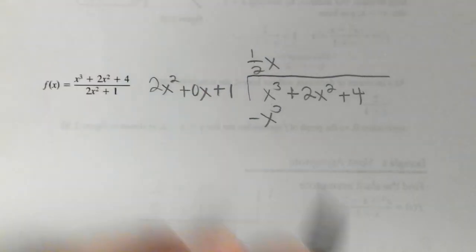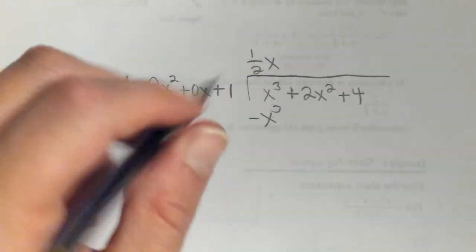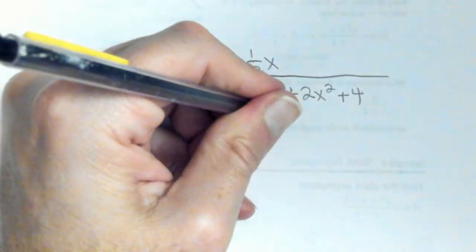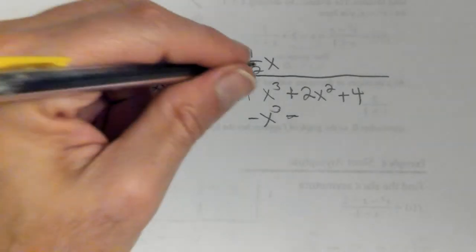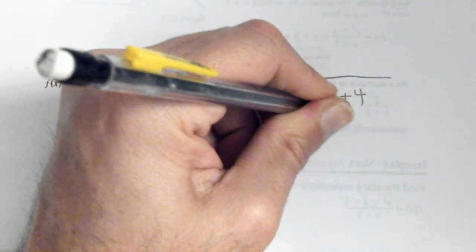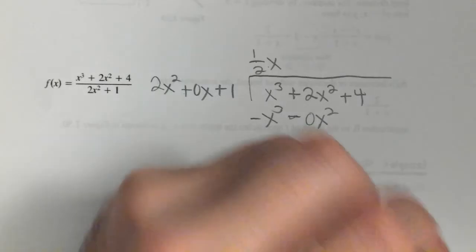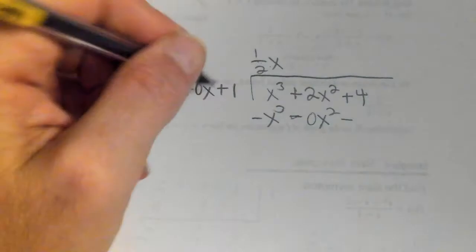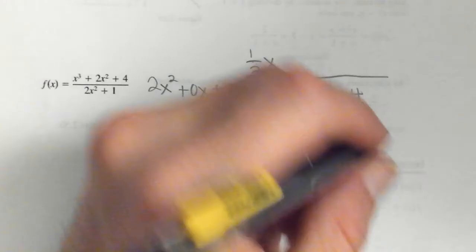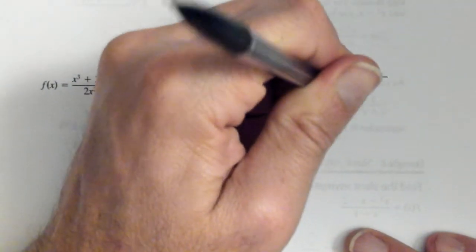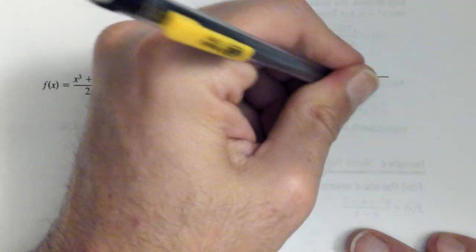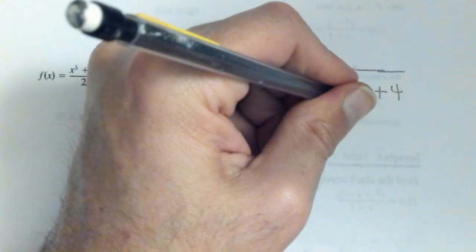Alright, so positive times a positive, well, 0 is not positive or negative, and so when it drops in, it's going to be minus 0x squared. And so from here, that's going to be positive, so that'll be a minus 1/2 x. And one thing that I forgot to do was put in a placeholder 0x. So I'm going to make that 0x now, and then I'm going to change that to a 4. And so that's going to be minus 1/2 x.